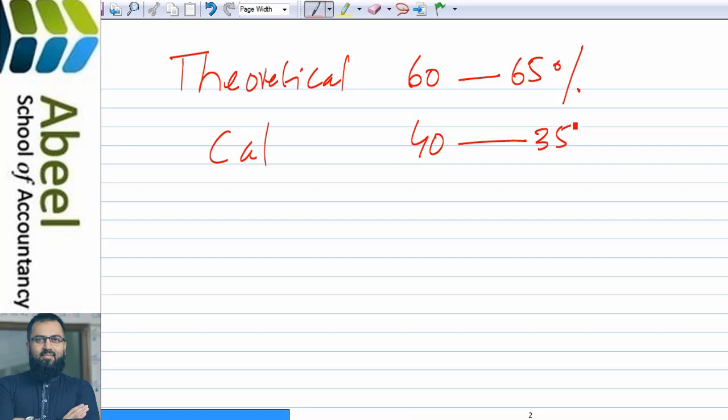But I want to add one more thing about the theoretical area of P6 and the calculation part of P6. It is just on the will of the examiner. He can ask the same thing in numerics, as well as test the same thing in a theoretical way.